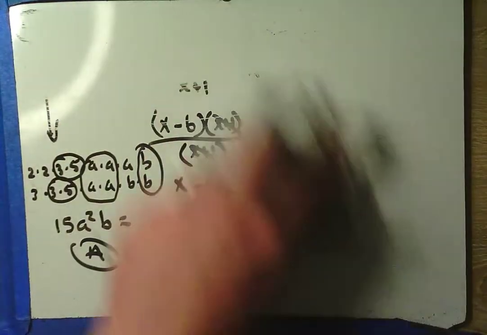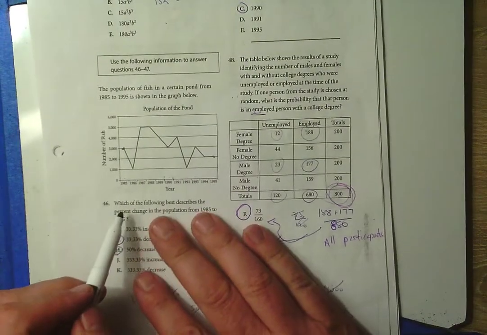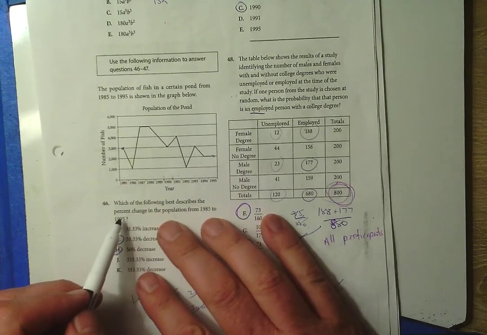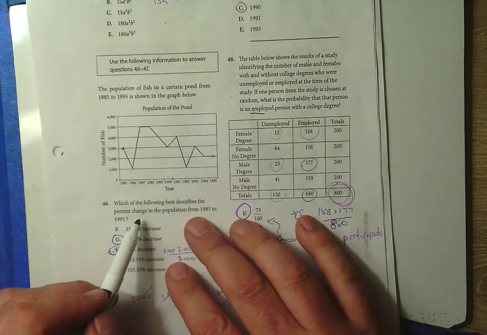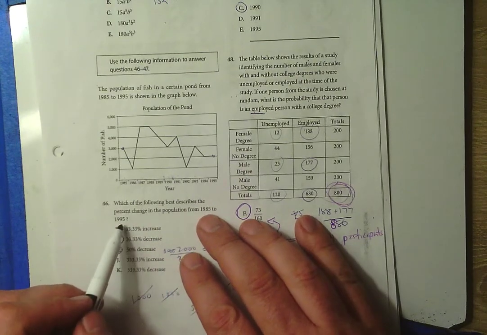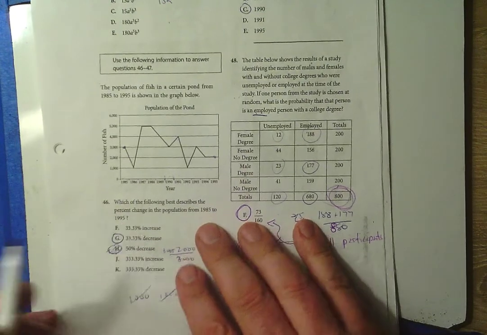46 and 47 require us to look at this chart. I'm not going to redraw the chart. I'm just going to take a look at the questions and see what we can do here. Which of the following best describes the percent change in population, percent change, from 1985 to 1995? Okay, so percent change.